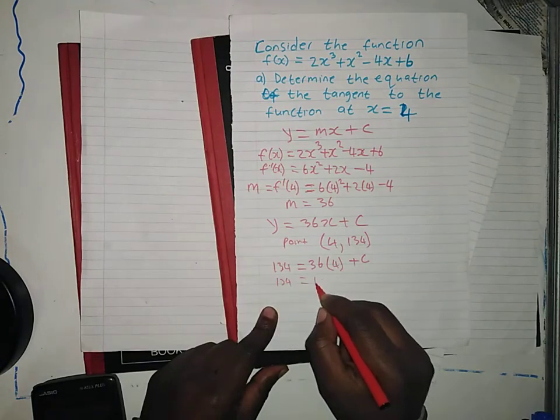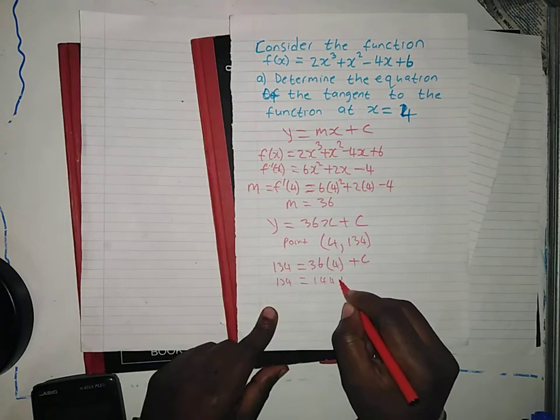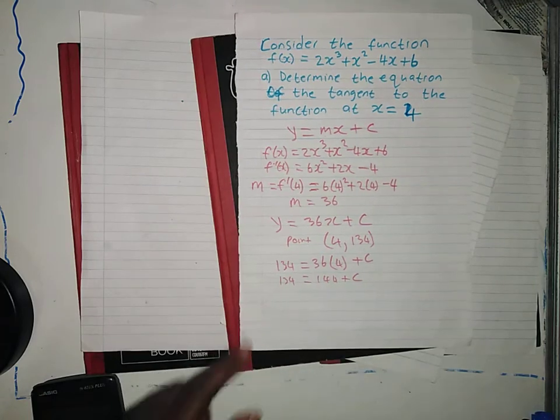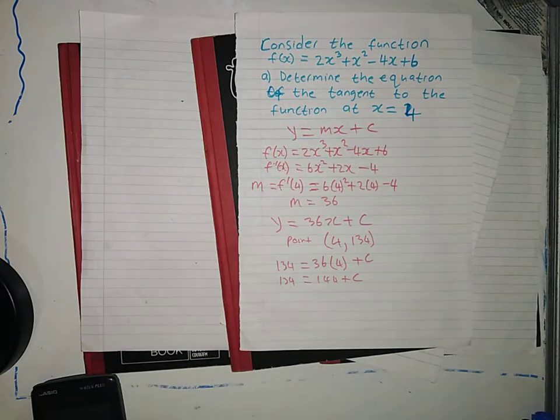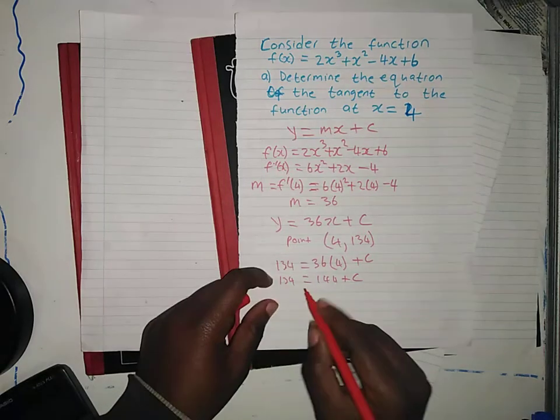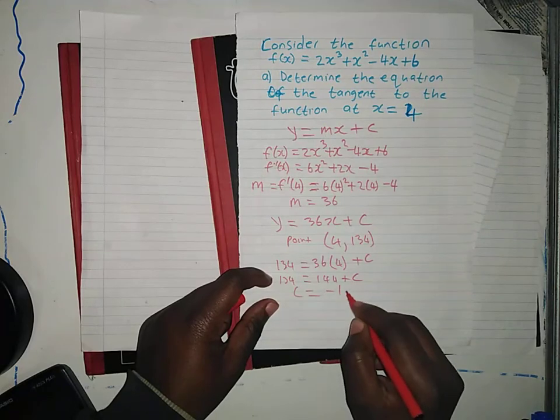So you've got 134 is equal to 144 plus c, and then you take this 144 to the side, and then you say 134 minus 144, and then what do you get? You get minus 10. So c is equal to minus 10.